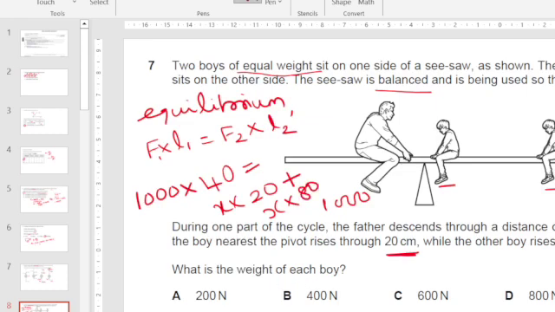So I can write this as 40,000 is equal to (80 plus 20) x, 100x. And when I calculate for x, that is the weight of each boy, it will become 400 Newton. Option B is the correct option. Hope you got it.